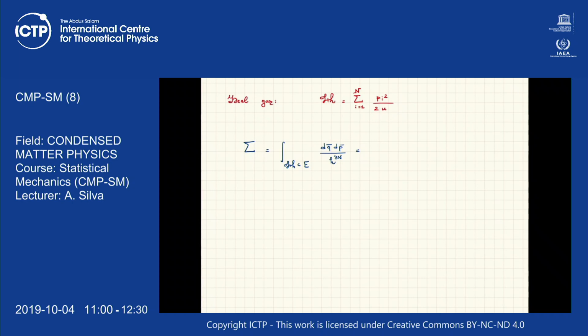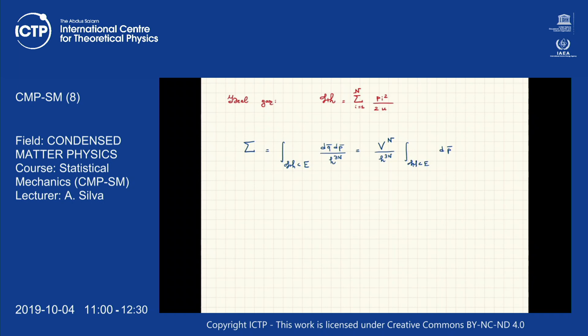And if it does not depend on position, then I can take the integrals over the position, and this is going to be v to the power n divided by h to the power 3n times the integral for all h smaller than e of dp. So dp1, dp2, dp whatever.